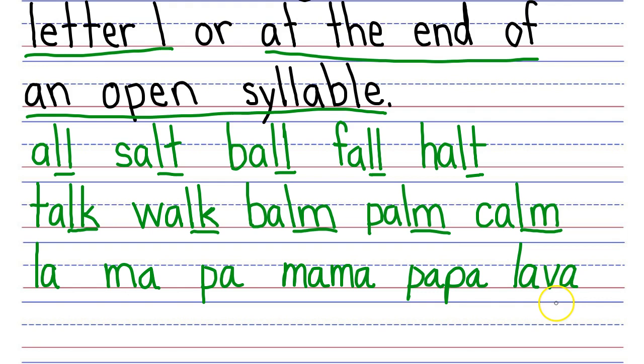And so if you get in a situation where you're working with an open syllable that ends with a letter A, you could try the long sound first. Like you could try lay, and if that doesn't sound right, you try it with the broad A sound, ah, la. And choose the one that sounds the best.